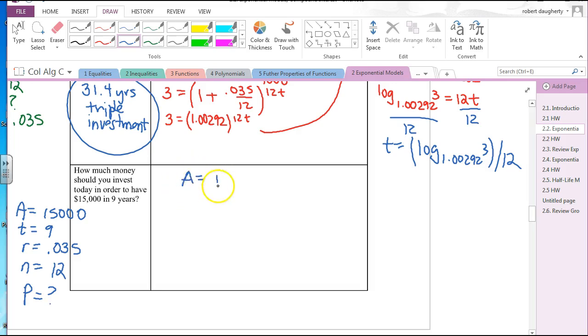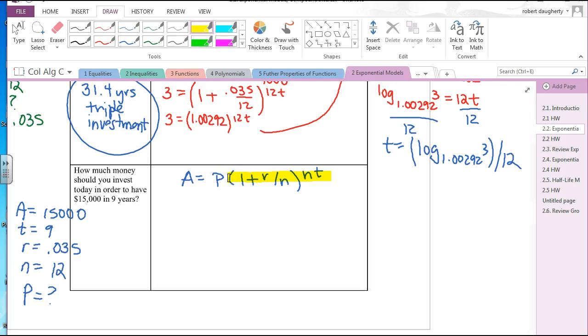A is equal to P times 1 plus r over n to the nt. How could I solve that for P? How could I get P by itself? I could get rid of all that by doing what?